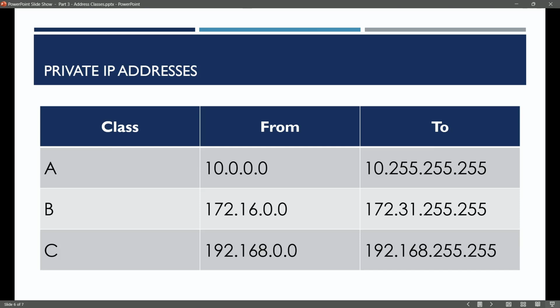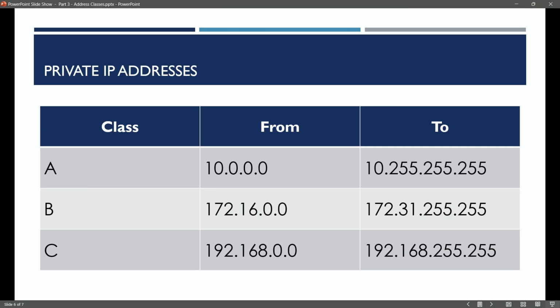This is why small home offices are put in this numbering range automatically from the DHCP server on their router. Everyone in the world can have their small home office numbered in the 192.168 space, and it's not going to consume any public IP addresses.